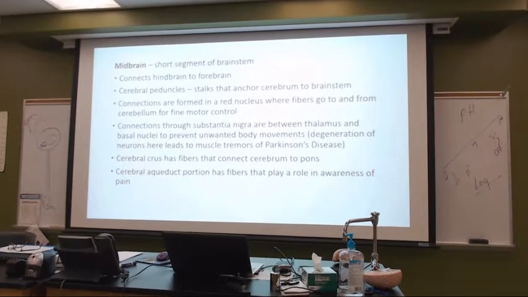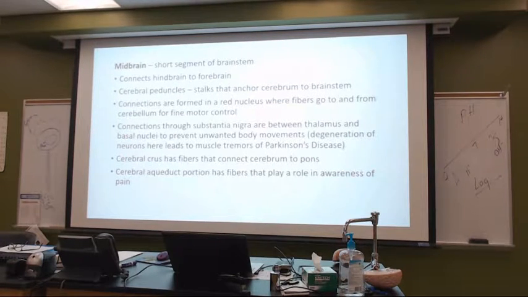The midbrain, the short segment of that brainstem, it'll connect hindbrain to forebrain. It has some peduncles. They're going to help anchor that cerebrum to the brainstem, because it looks like the cerebrum just simply sits on top of that brainstem, even though it's a little more connected than that.